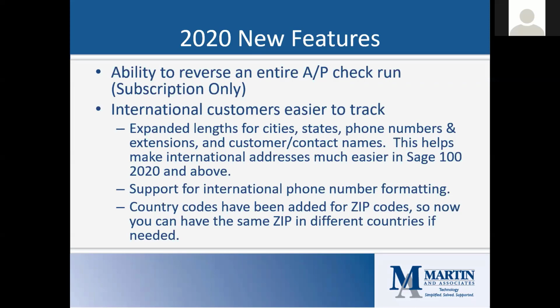If you're on a subscription license, then a feature that says subscription only will be available in your system. If you're still on the old perpetual license that Sage used to have, then that particular feature will not be available. If it doesn't say anything, it's available in both the subscription and the perpetual.